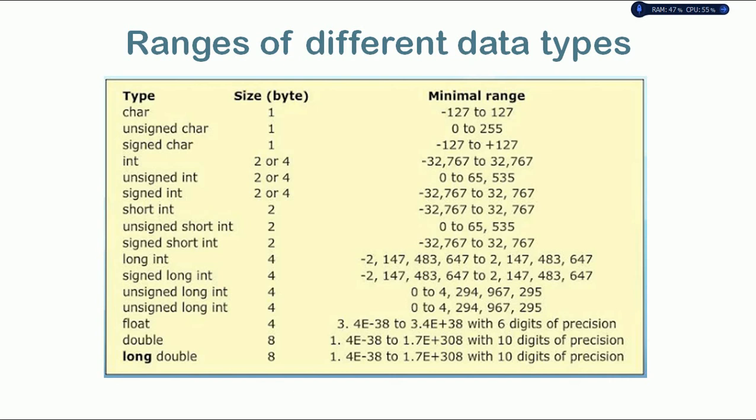So because of that, the character's minimum range is minus 127 and the maximum range is it can hold 127. And now coming to unsigned character, I already said for unsigned character it can operate with only positive values. We do not have any negative values. So here the range starts from 0 to 255. Now using a signed character we have the same as your character.